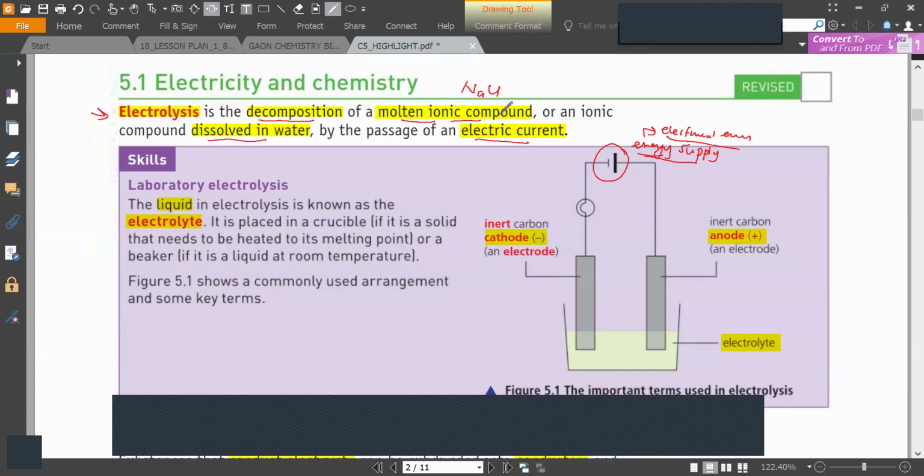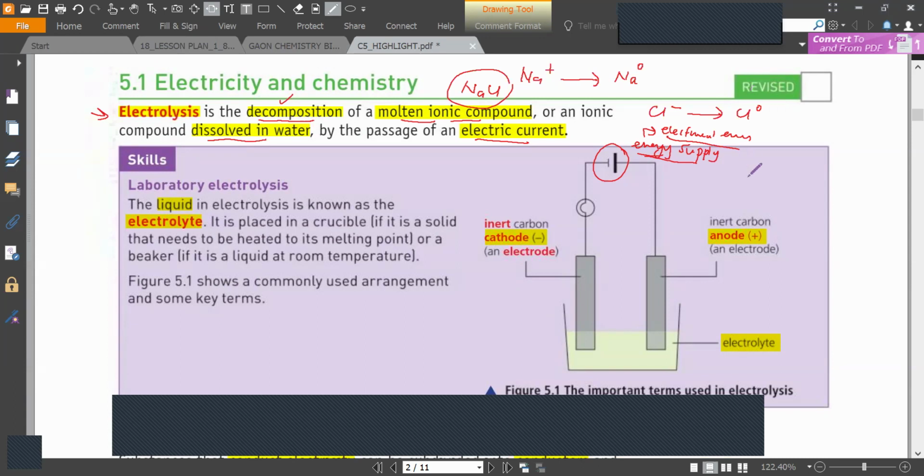Decomposition means, for example, the sodium ion and the fluoride ion, we want to return back to the element. That's our objective. Sometimes the element is more useful than the ion.